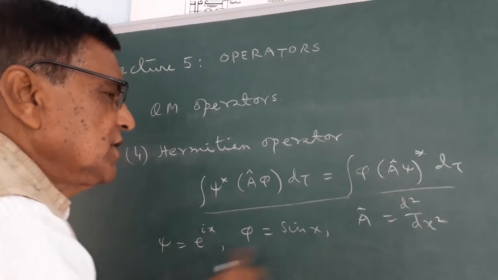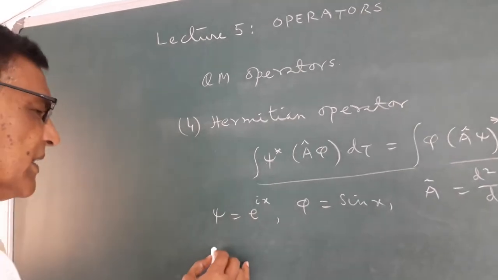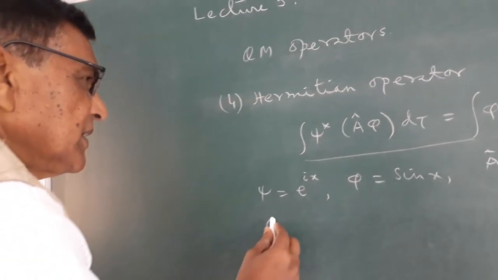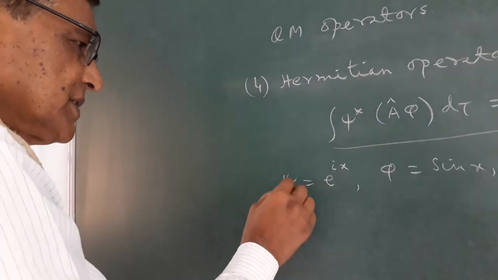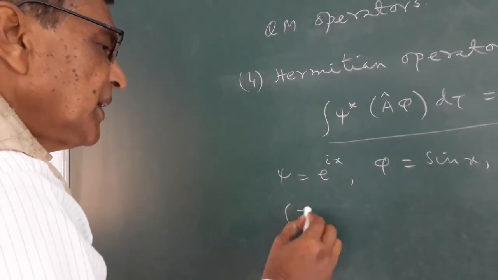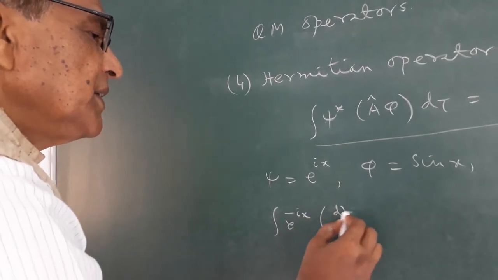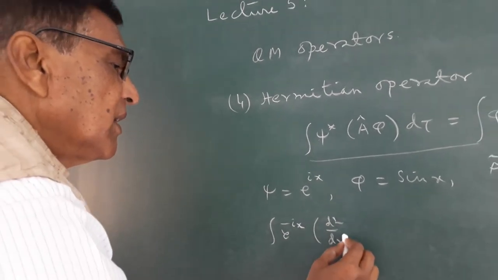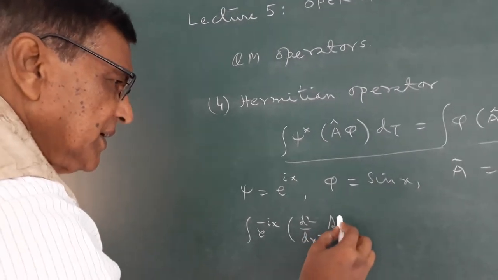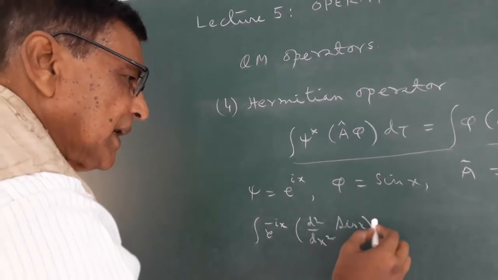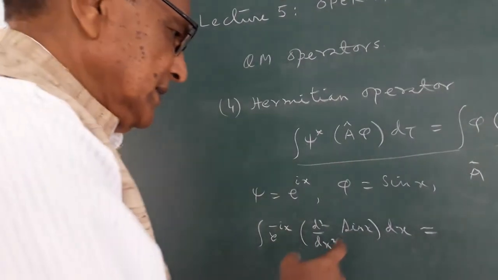If this is the situation, then on the left side we have psi star, the complex conjugate of psi, meaning e to the power minus ix, and d²/dx² on phi, meaning sin x.